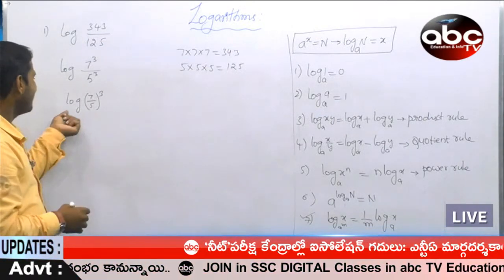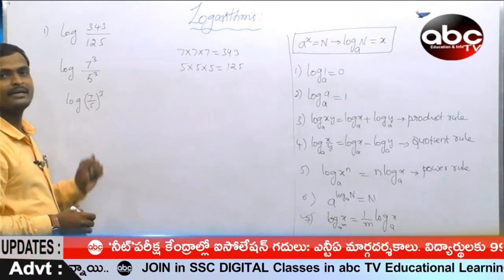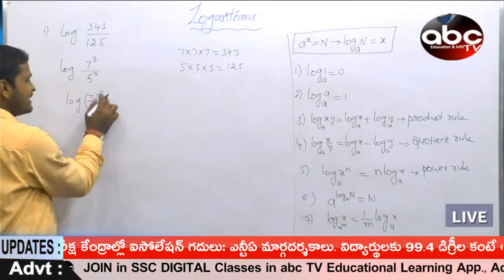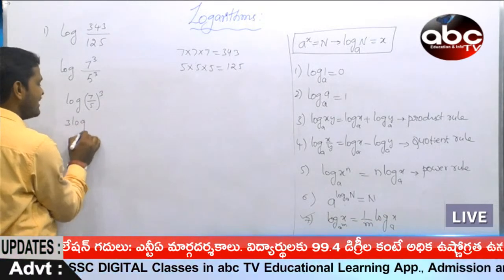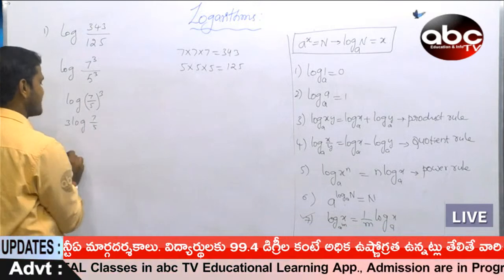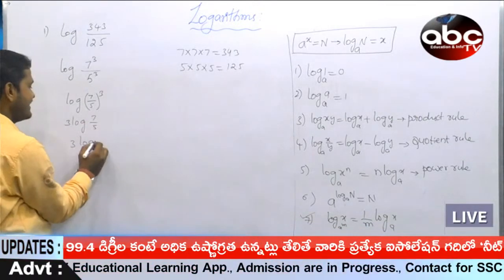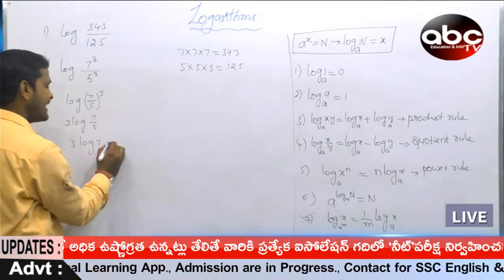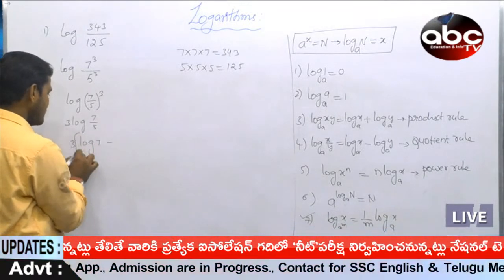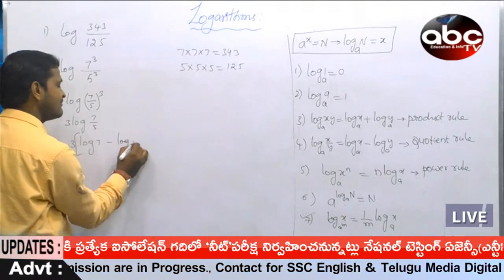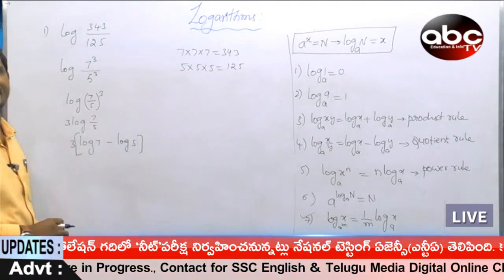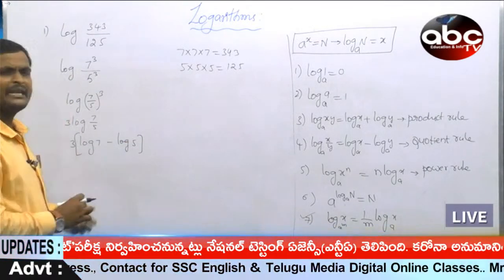Now, you can write here, using x power n, 3 into log 7 by 5, right? 3 into, log x by y, log 7 minus log 5, right? Just expand. Okay, you can take any problem.